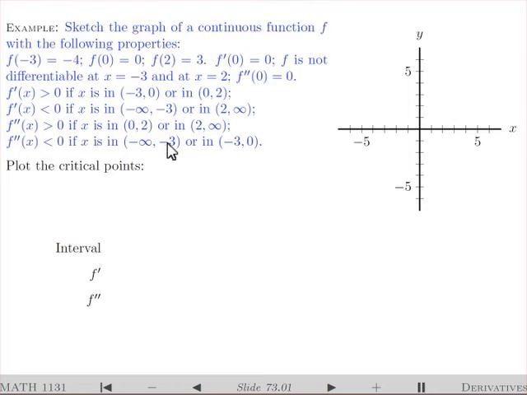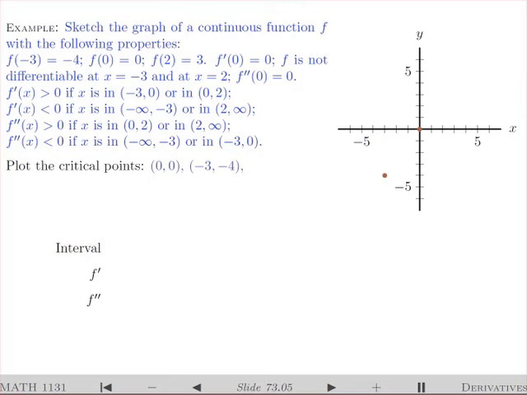The next four statements tell us something about the signs of f prime and f double prime. We will come to that at the end. Let's first plot the critical points. We know that there is one at 0, 0, which is just because f prime of 0 is 0 and f of 0 is 0. There's also a critical point when x is -3 and the point is -3, -4.